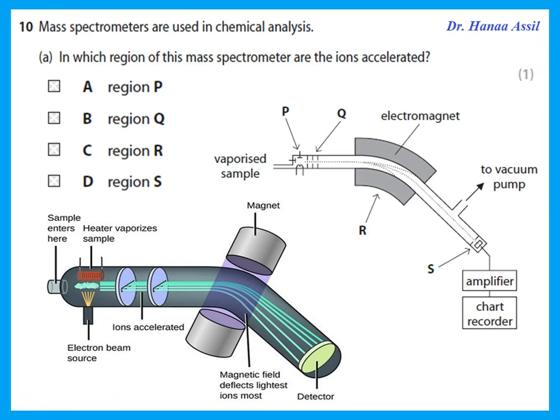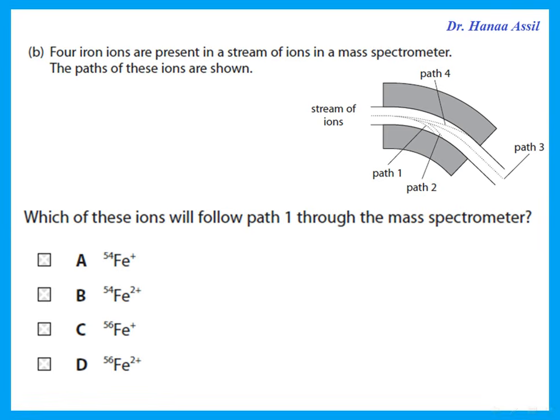So this is where ionization happens. And then the ions are accelerated by passing through two electrodes. So this is the part that he identifies as Q. This is where ions are accelerated.